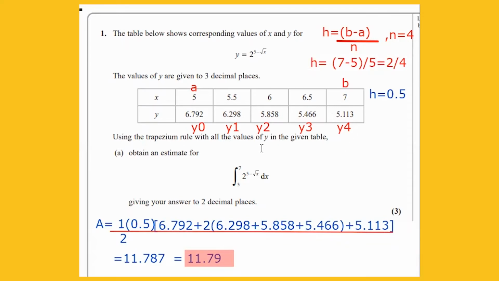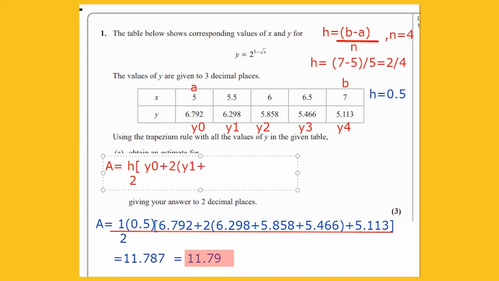Now let's have a look at the trapezium rule itself. We want to substitute the values that we know for the trapezium rule. So what is the trapezium rule? We have h over 2, and we're going to multiply it by y0 plus twice into all the y's in between.